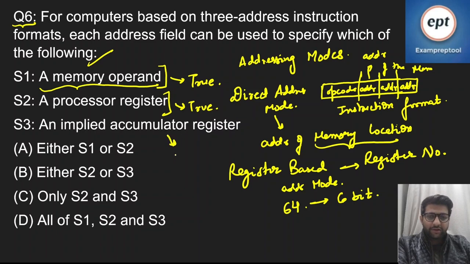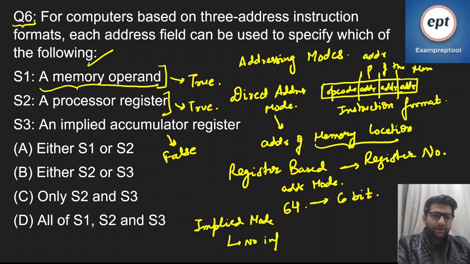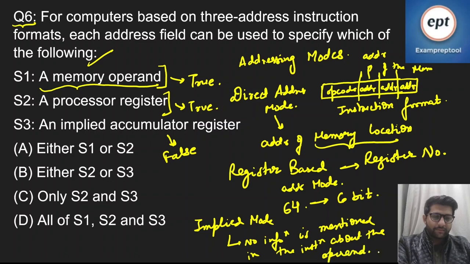So this is false. Why? Because in implied mode, no information is mentioned in the instruction about the operand. That means only the addressing mode will be told in that particular instruction, and nothing will be mentioned about the operand itself.